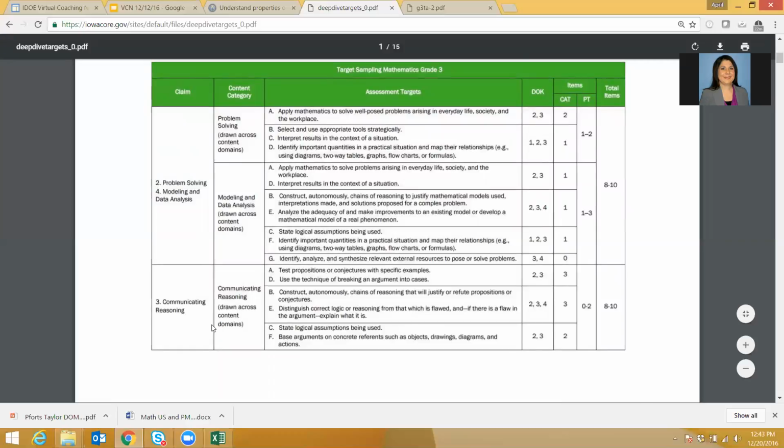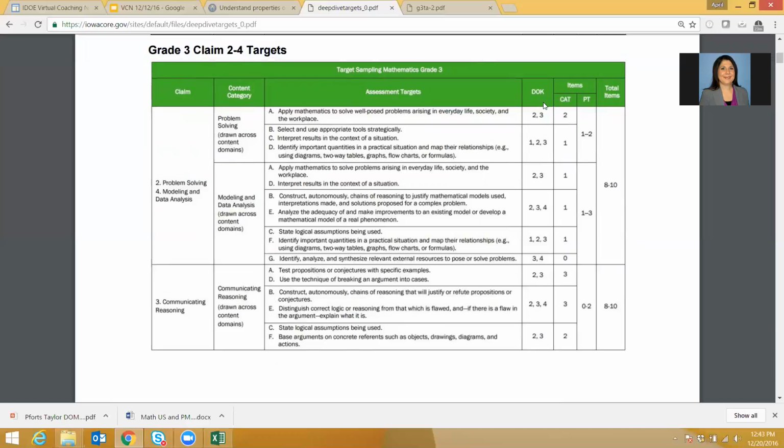And then under communicating reasoning, A through F, these will align with communicating reasoning. Notice over here, this is where we're getting that depth of knowledge up to that 2 through 4. And I've had many educators say to me, so we're assessing students at a DOK level 4 in 3rd grade? Yes.